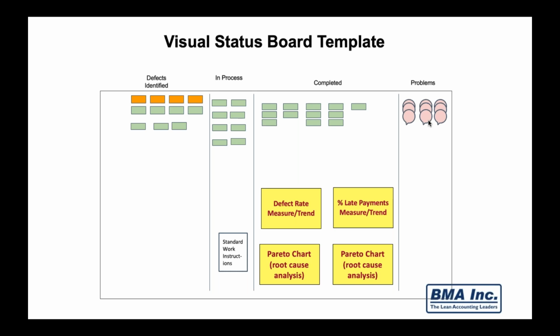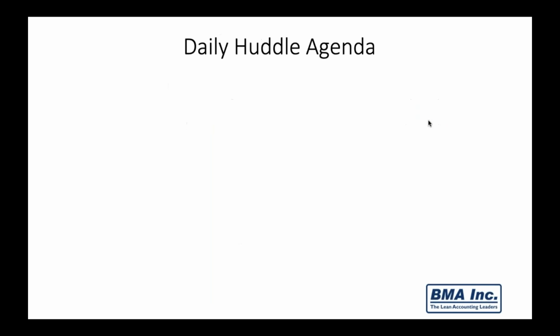The visibility will also drive dedication to first resolving the defects in a short period of time and creating permanent solutions. So we create a board, and then we have a daily huddle.